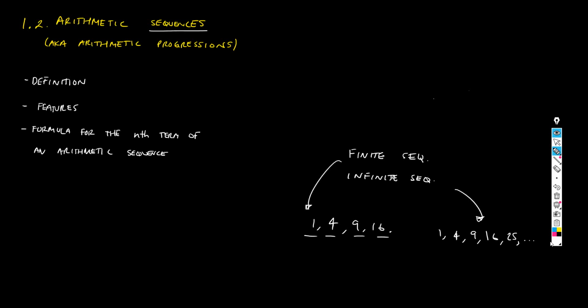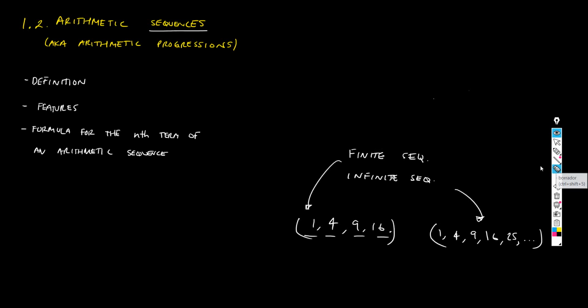It means and so on forever. So this other sequence is an infinite sequence because the number of terms is boundless or endless. It goes on forever. This is a finite sequence. This is an infinite sequence.